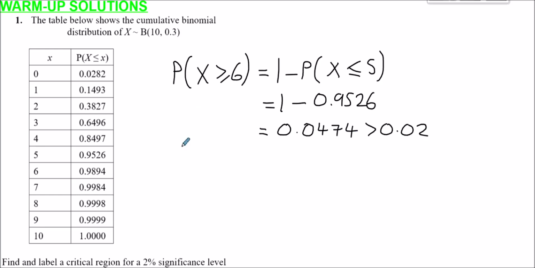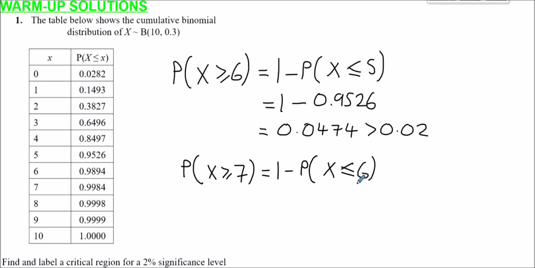And so that's not significant yet. But if you try x being equal to or greater than 7, which is 1 minus the probability of x being less than or equal to 6, what we get here is 1 minus 0.9894, which gives us 0.0106, and that is the first value that gives us a value of less than 2%.